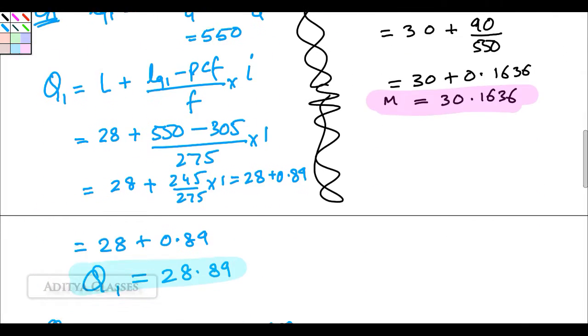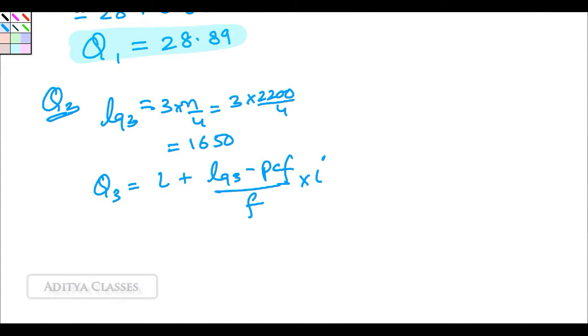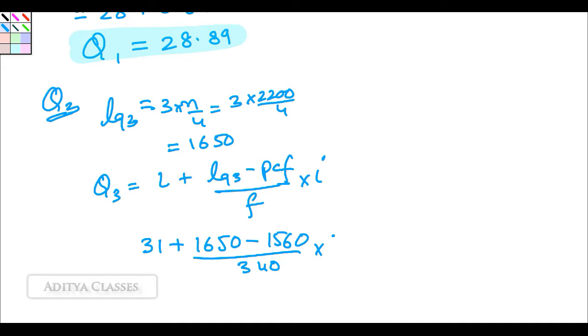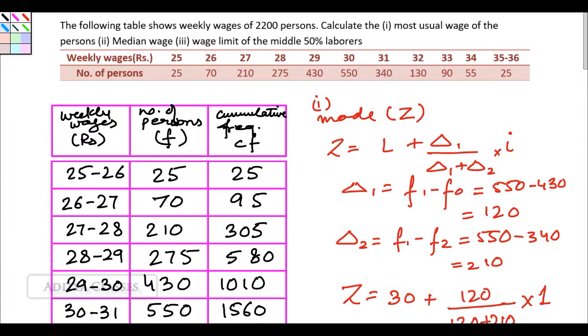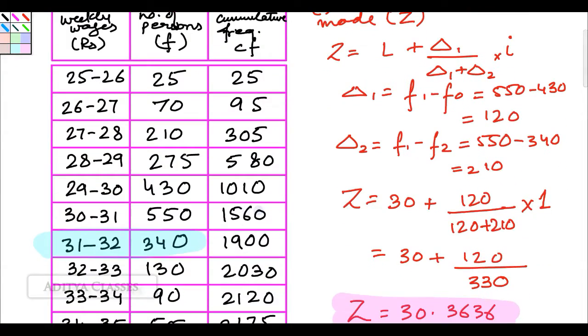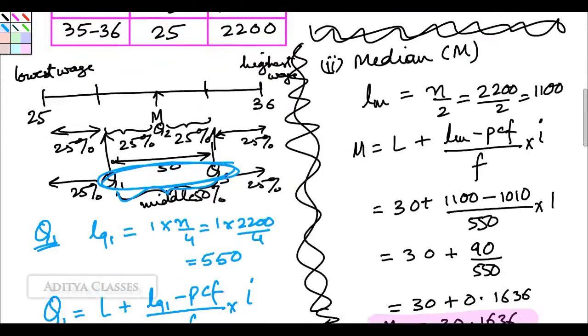Q3 becomes lower limit plus location of Q3, that is 1650 minus preceding CF, remember 1560 it was, upon frequency, that was 340 multiplied by 1. Frequency was 340, preceding was 1560, lower limit was 31.